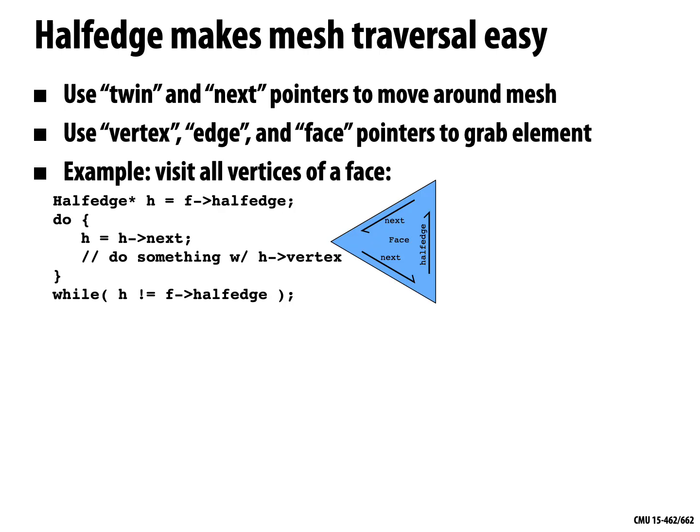Let's say that we have a polygon or a face F, and we want to visit all of its vertices. How can we do that? Well, the face, remember, knows about just one of its half edges. So I grab that half edge, f.halfedge, and then I have a little loop where I replace the half edge with the next half edge, and the next half edge, and the next half edge until I get back around to the half edge I started with.